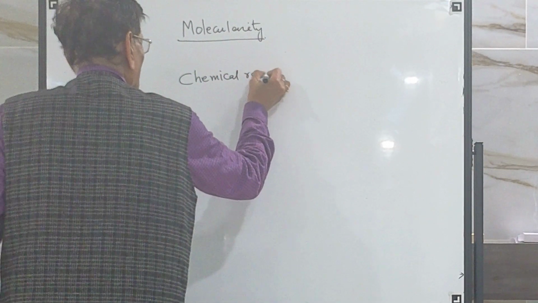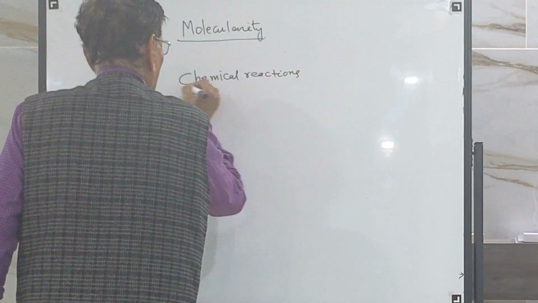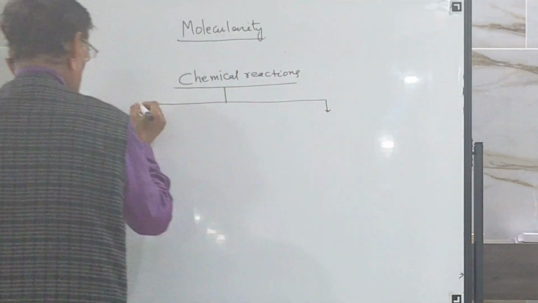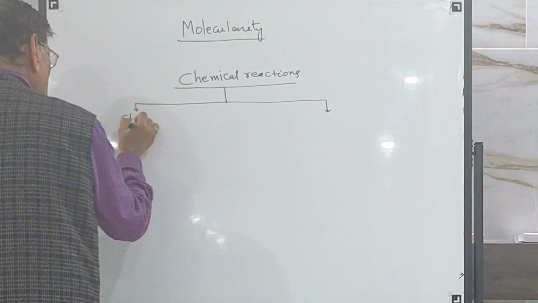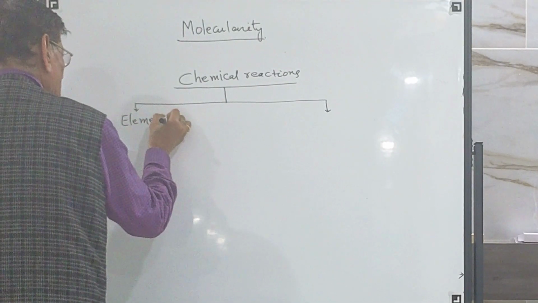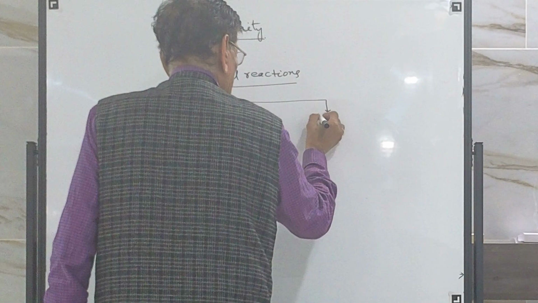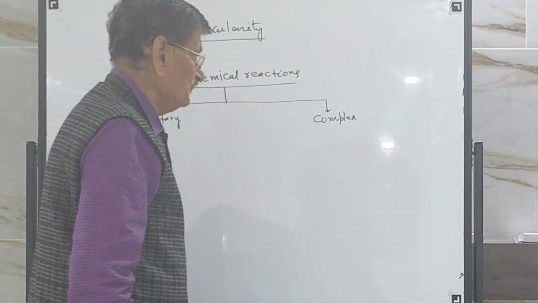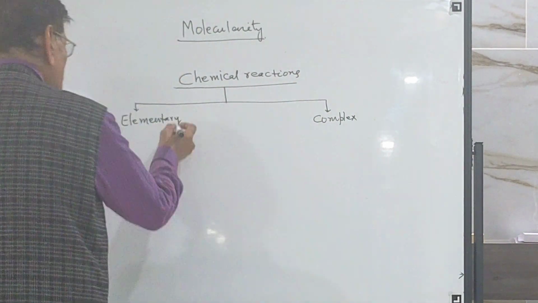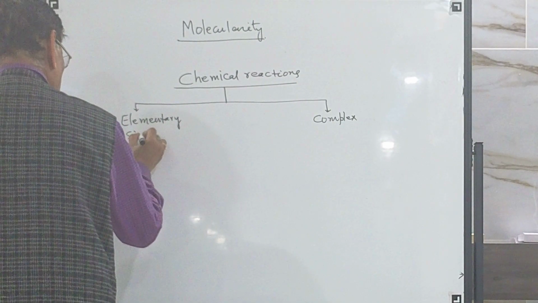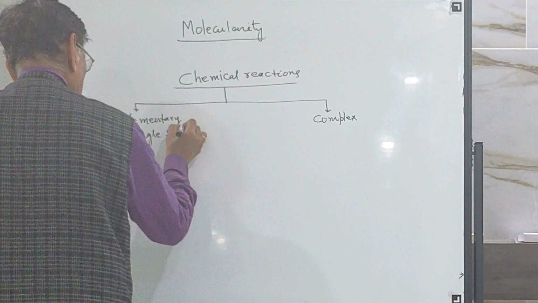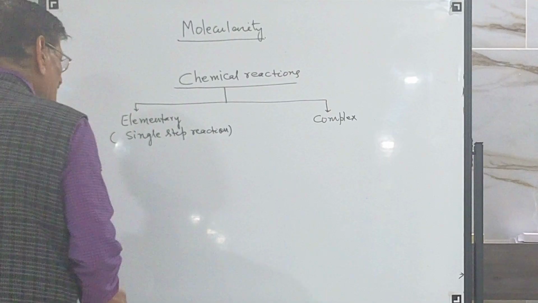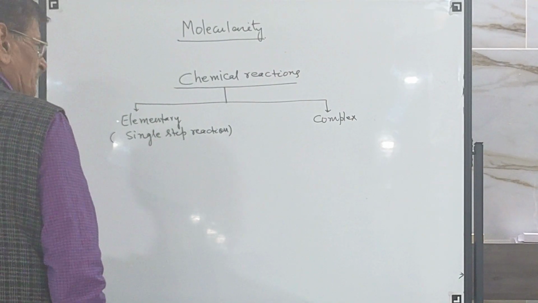The first type is elementary reaction, and another type is complex reaction. An elementary reaction is a single step reaction, that is, the reaction taking place in one step.